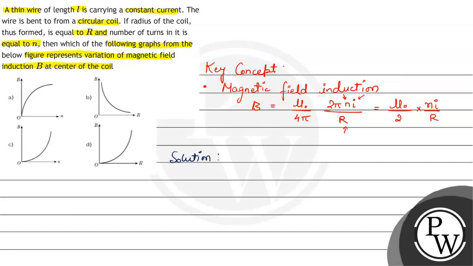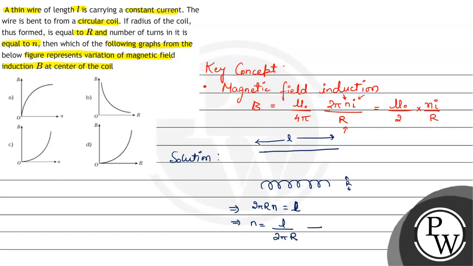In the solution part we have a thin wire of length L, let's suppose this is a wire and its length is given to us as L, which is converted into a coil of radius R and number of turns N. So 2 pi R will be the circumference of one turn and the number of turns is N. So 2 pi RN must be equal to L because it is the length of the same wire. Hence from here we get N is equal to L upon 2 pi R.